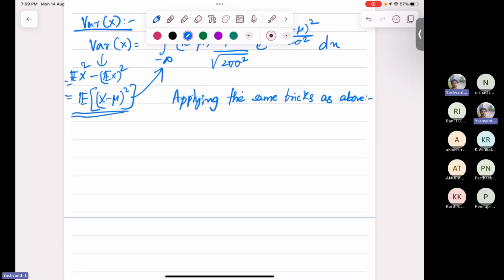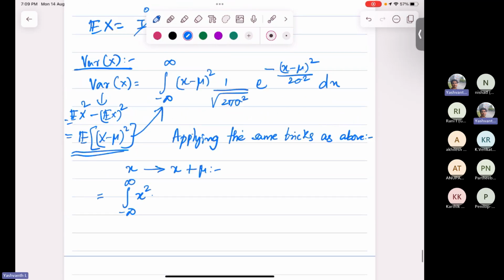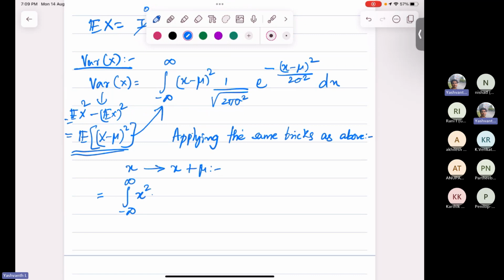Now you can check this at your leisure. What I will do is replace x by x plus mu. So what I get is the integral from minus infinity to plus infinity of x square, because x minus mu plus mu is x, times 1 by root 2 pi sigma square e power minus x square by 2 sigma square dx.